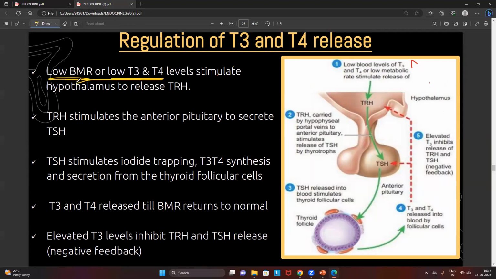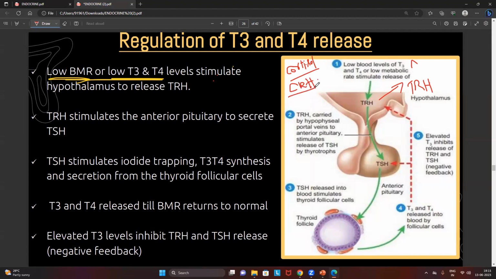These two conditions are going to stimulate the neurosecretory cells present in the hypothalamus. What hormone do they release? Thyrotropin releasing hormone, TRH. You should not confuse that. When cortisol comes into the picture, the neurosecretory cells of the hypothalamus release CRH.